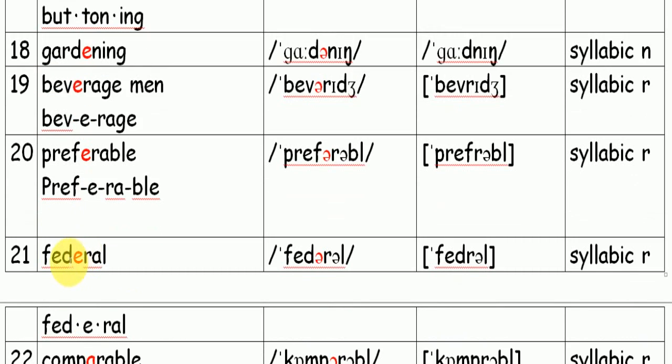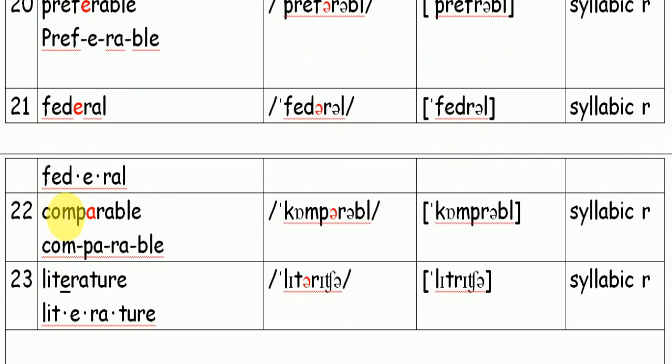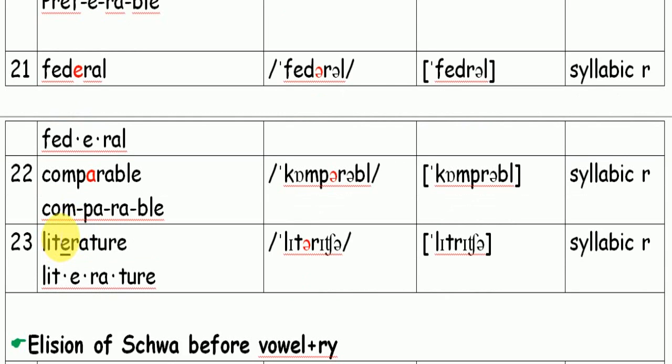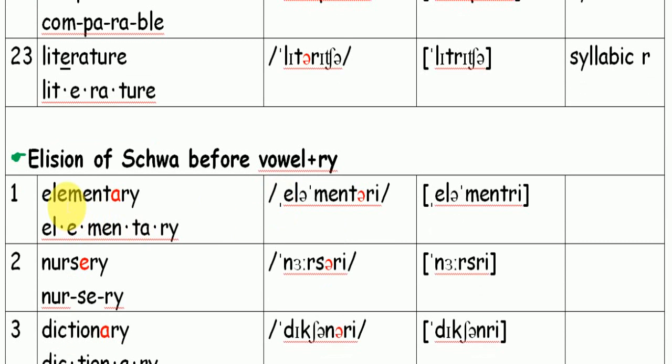Preferable, federal, comparable, literature. A little elision before this: vowel plus r plus y.